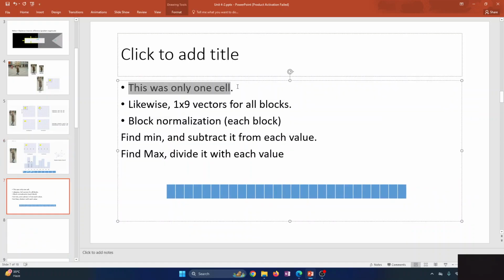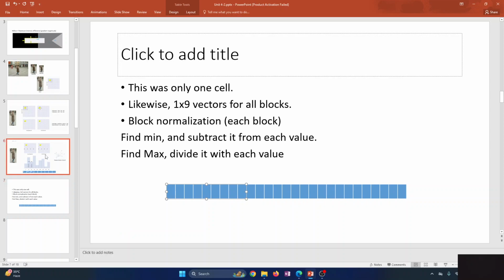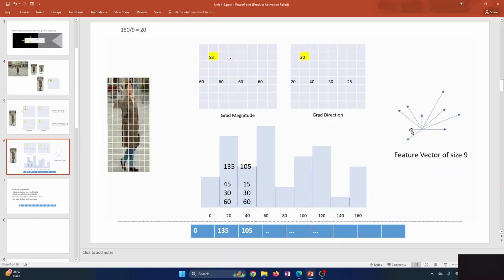This was only one cell that we have discussed. Likewise, there will be 1 by 9 vectors for all the blocks, and there will be many of these lines. Now, since we have seen different values, some of the values are very small and some are very large. For example, we have seen 0, 135, 105, there will be 20, 40.